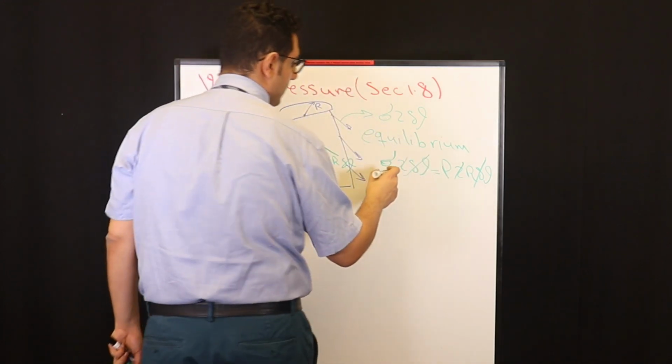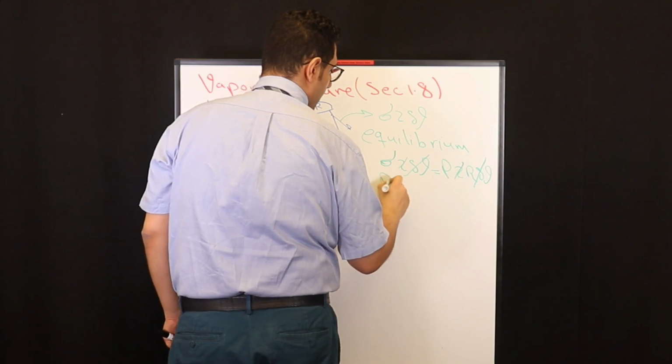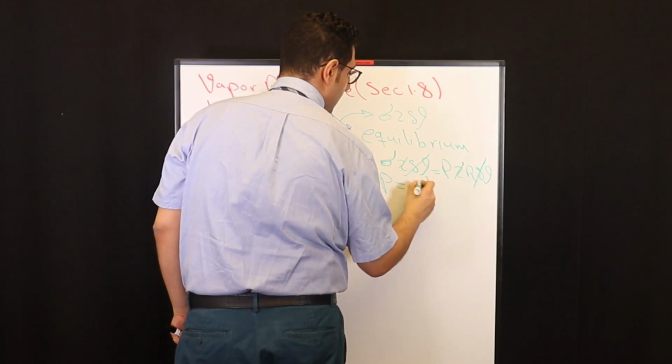Yeah, we have done it correctly. So P is going to be equal to sigma over R.